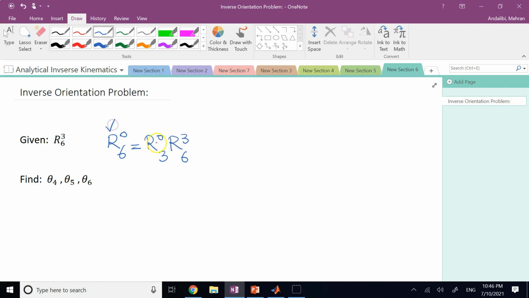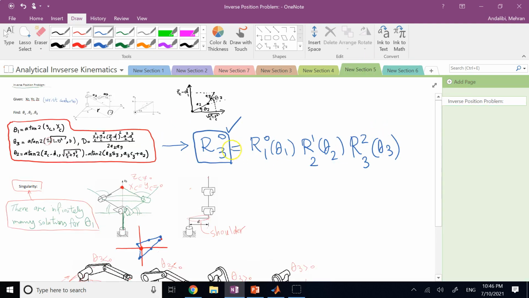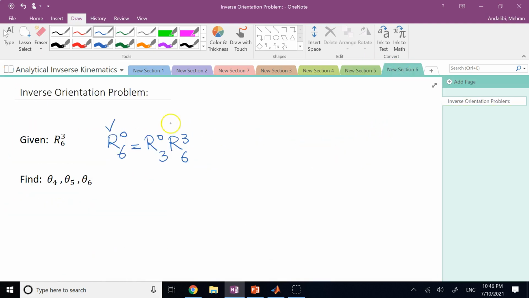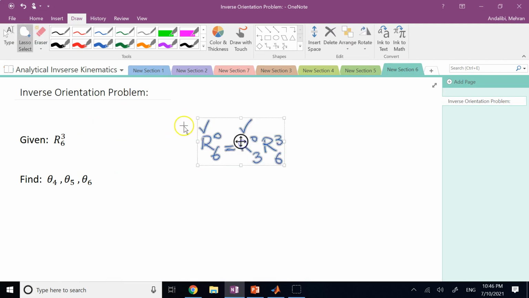This is given to me. This guy I just could calculate from the first 3 angles. So this one I also have. So clearly from here, what is R of 6 with respect to 3? You clearly see this is equal to what? Take the transpose of R of 3 with respect to 0, which is the same as the inverse of that, multiply from the left side, and this is what you get.